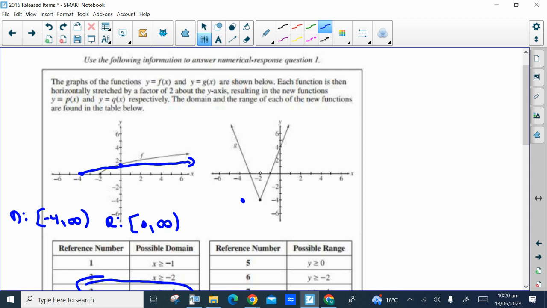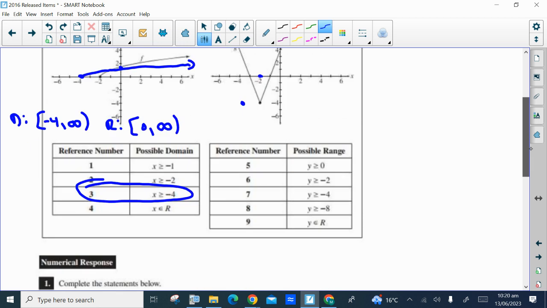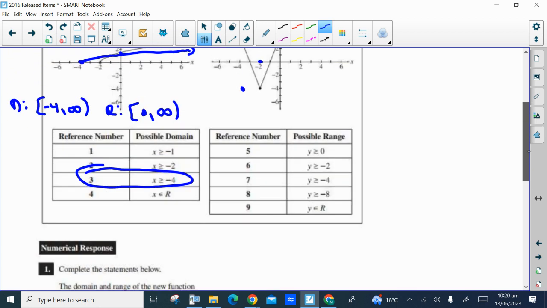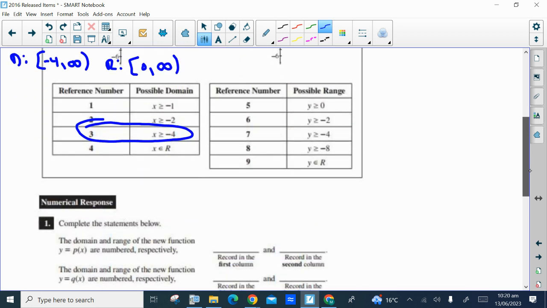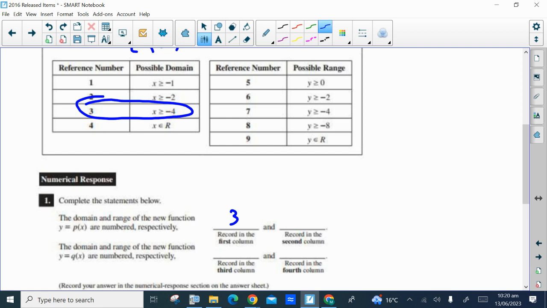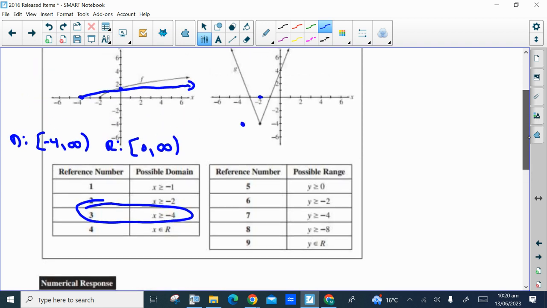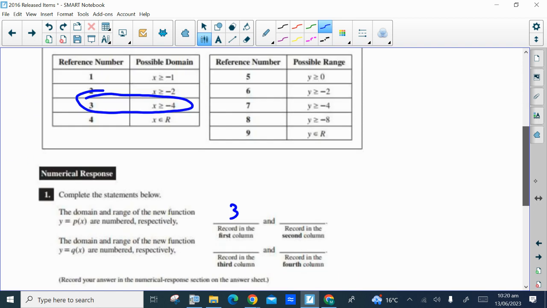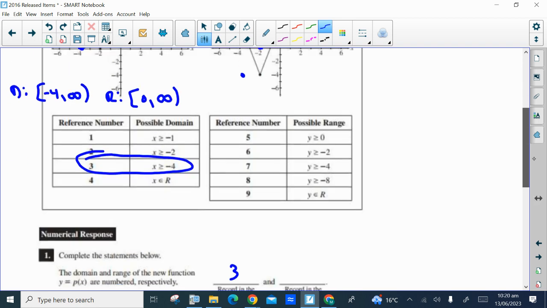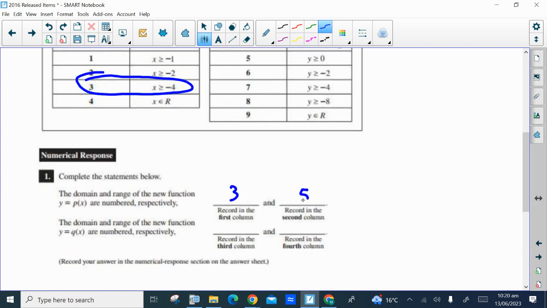This point, which is at -1, will go to -2. Sorry, this number is 3 here, and then the range of this one would be greater than or equal to 0 still. So that would be 5. So that's that one.